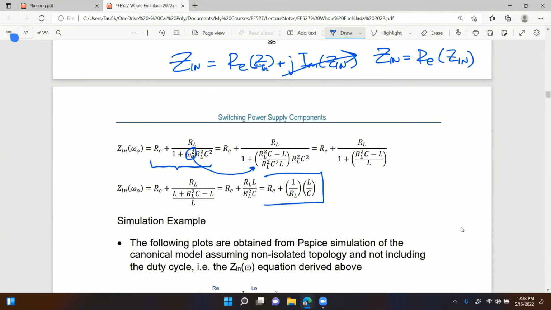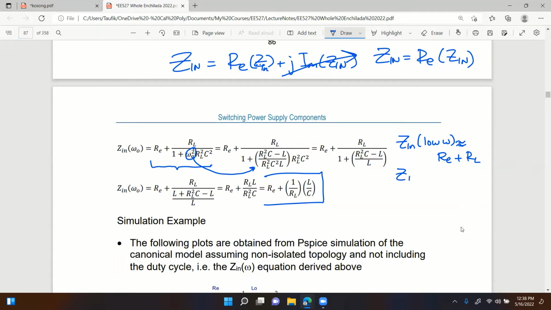Okay. So now I have three different values, right? To summarize, Z in at low frequencies, low omega, is approximately equal to RE plus RL.